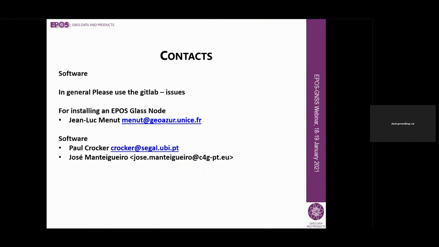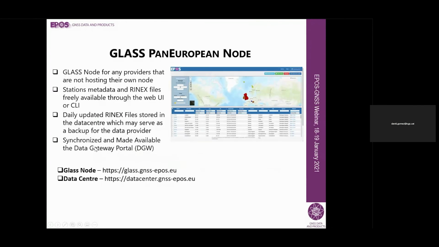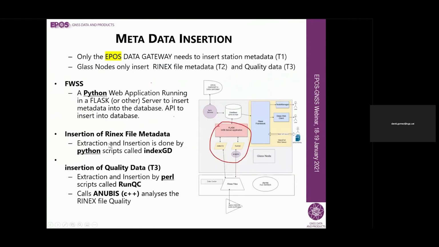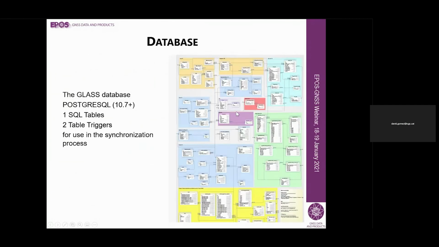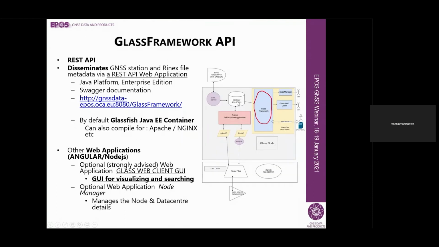Just one question. The synchronization between the nodes, the gateway and the local, when it's done, it's a kind of trigger in the database, or it's? Yeah. So when data is inserted in this local node, inserted into this database, the database triggers will create queries that are stored in separate tables.